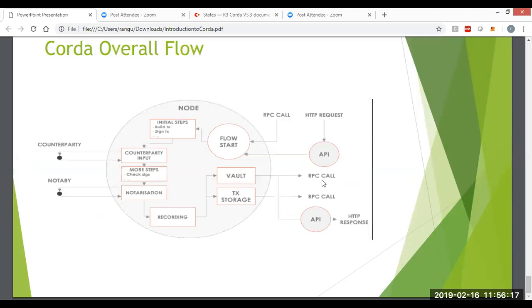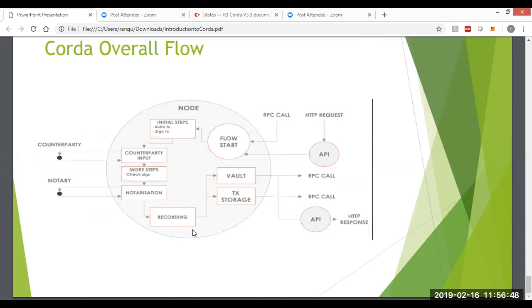You come up with an API, you hit the flows, and flows will take care of your transactions, or the commands, or the states. So it will go to the counterparty, in the sense nodes. He will sign it. If it is a signed transaction, it will come back here and it will verify with the notary. And if it is all good, it will get recorded in the chain.